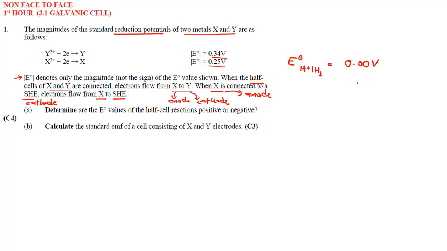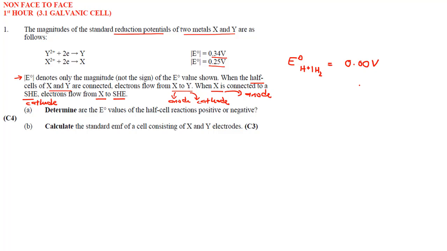Okay, so kalau X adalah anode, maksudnya X tu mesti kurang daripada 0.00, sebab saya dah explain semalam lah, bila E naught value lebih negatif, that means dia prefer oxidation. Bila E naught value more positif, dia prefer reduction lah. Kalau dia more negatif tu dia anode, dia prefer oxidation.